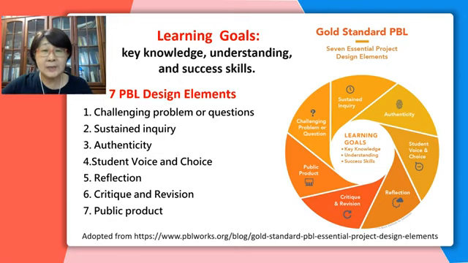Number 2, sustained inquiry. Number 3, authenticity. Number 4, student voice and choice. Number 5, reflection. Number 6, critique and revision. And number 7, public products. Aren't they very familiar to you based on the video you just watched?